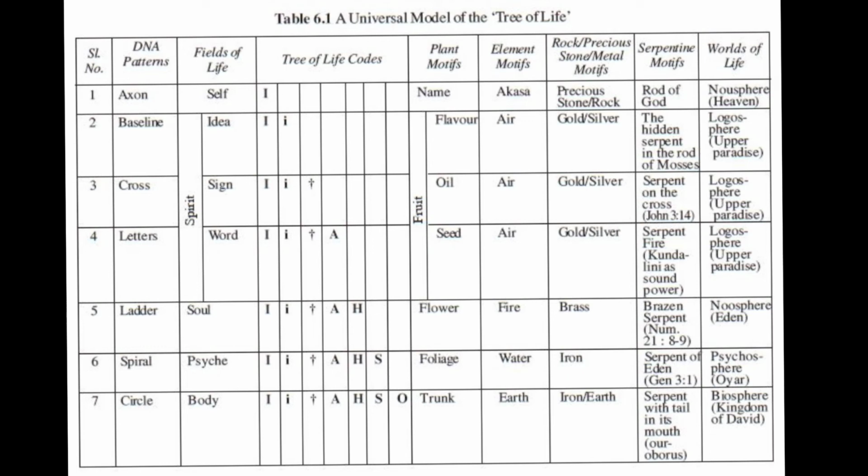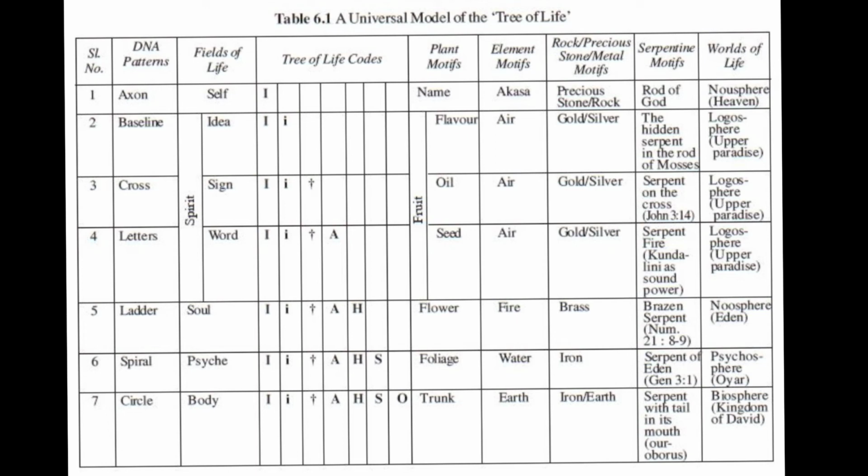So it is a very elaborate table with the following parameters linked to consciousness as the principle of life. The first one is patterns of DNA, that is the 7 symbols of DNA, then related fields of life, which I have already mentioned, then the tree of life codes that you must listen carefully. The tree of life codes are the I tree of the self, that is a pure tree, non-dual tree with only one tree.